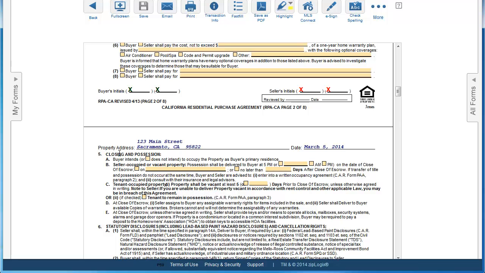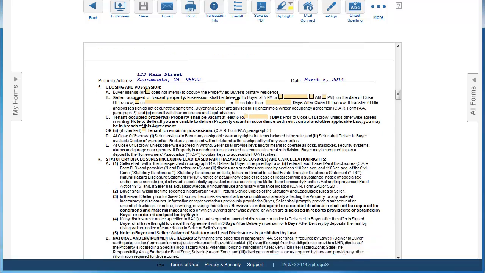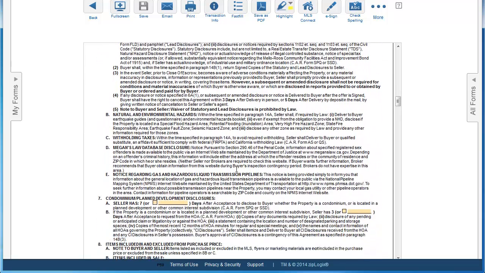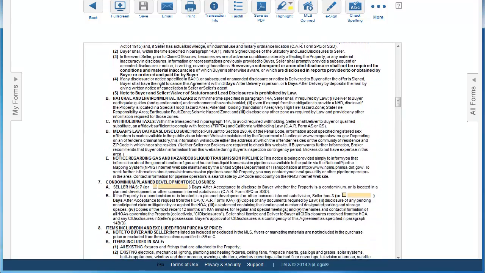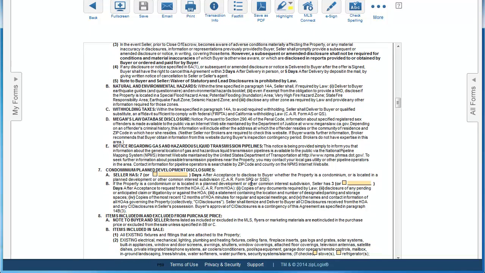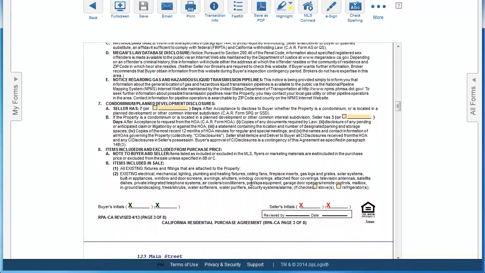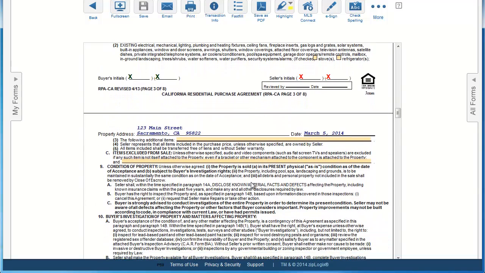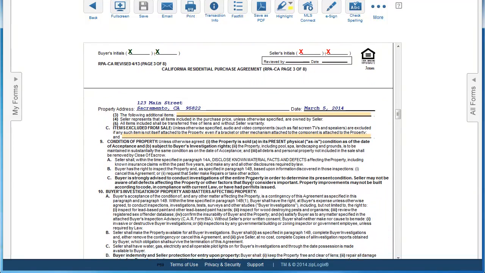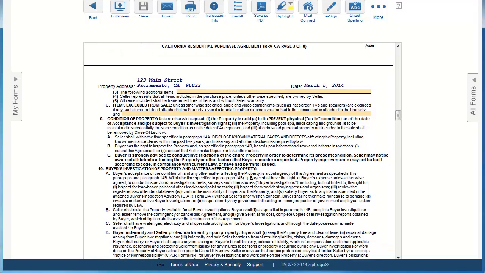This is closing and possession. In other words, when closing is going to take place. Go down, and look, there's lots of written text. This is the condominium plan development disclosures. Sometimes people know this better as the CC&Rs, where the buyer has the chance to look through these. And I'll just go down here, property address, condition of the property.